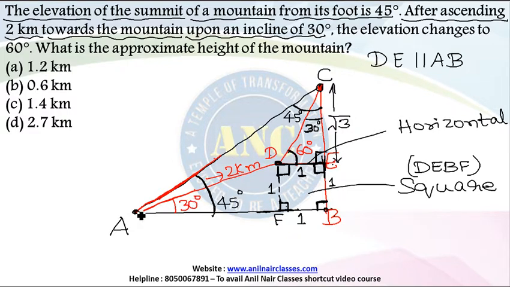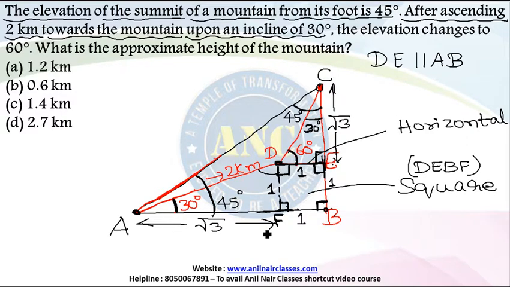Similarly, if I take another triangle ADF, in triangle ADF, the opposite angle is 30 degrees. Opposite to 30, if I take it as 1 unit, then opposite to 60, it will be √3 units. This entire side is √3. But don't keep solving all the values, sir.